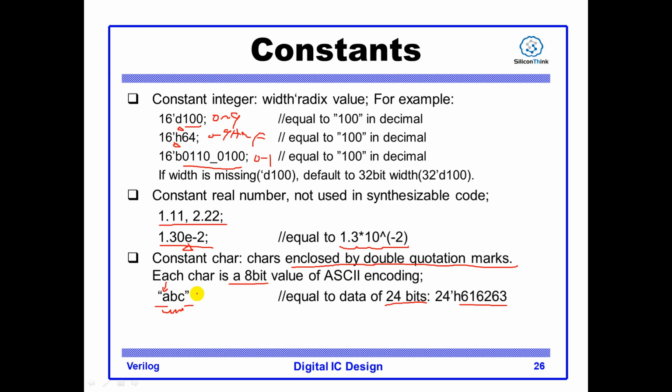And each character will be treated as an 8-bit value of ASCII encoding. So in this example, double quotation ABC inside equals a data of 24 bits, and in the hex format it is 616263.